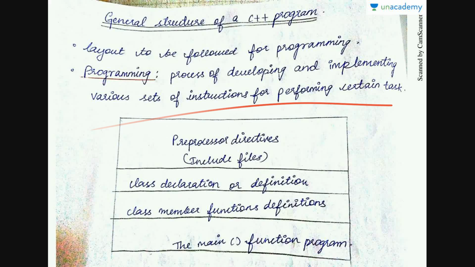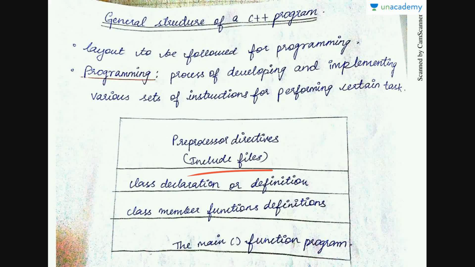Let us see the structure of a C++ program now. It starts with a preprocessor directive, also called include files. Anything which you have to include will come in that first part of the program. Next you have class declaration or definition.